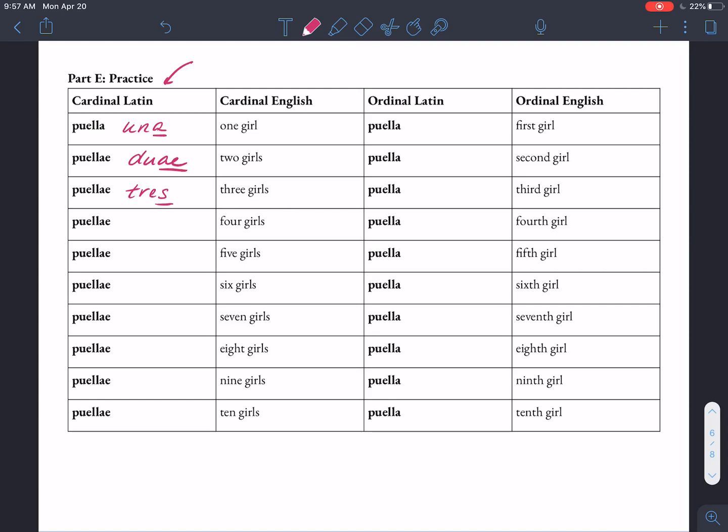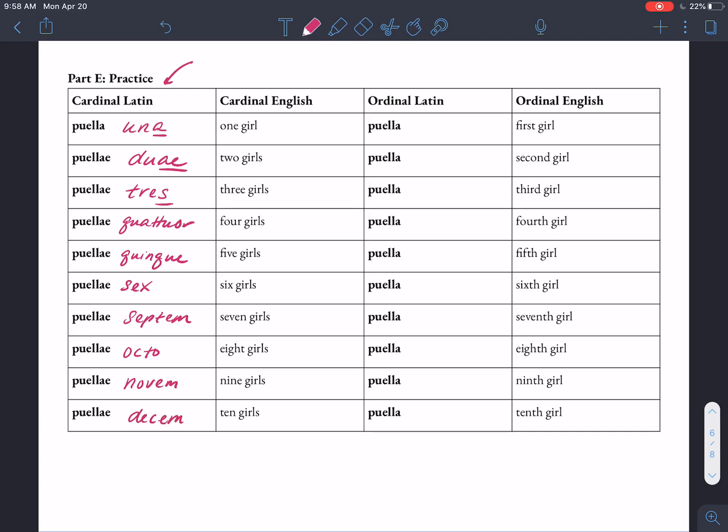So to say 4 girls, you'd say puellae quattuor. 5 girls, puellae quinque. 6 girls, puellae sex. 7 girls, puellae septem. 8 girls, puellae octo. 9 girls, puellae novem. And 10 girls, puellae decem.